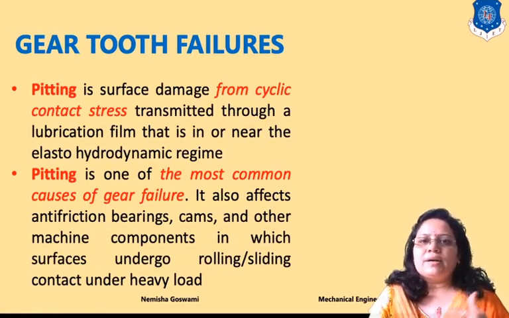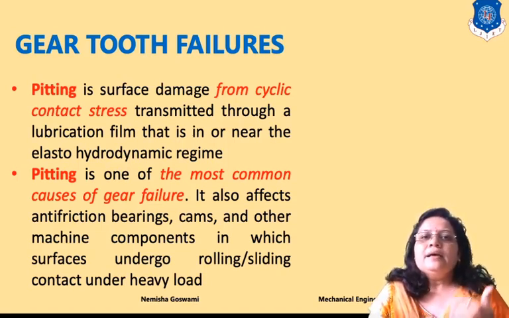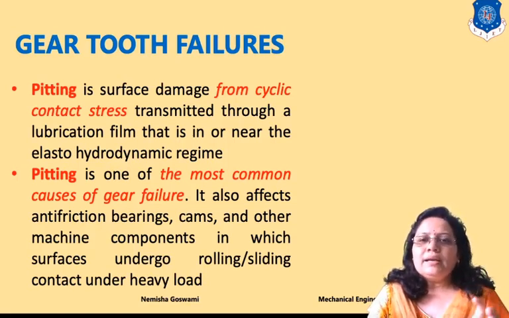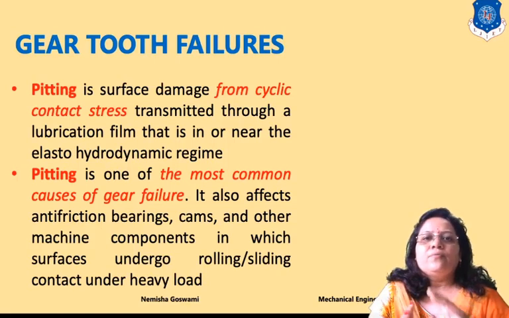Next is pitting. What is pitting? Pitting is basically a surface phenomenon, surface damage from cyclic contact stresses. Cyclic contact stresses are transmitted through the lubricant, because we use lubricating oil. Due to the transmission of contact stresses from the lubricating oil to the gear system, these are the most common causes of failure.